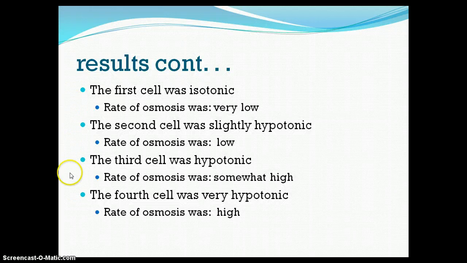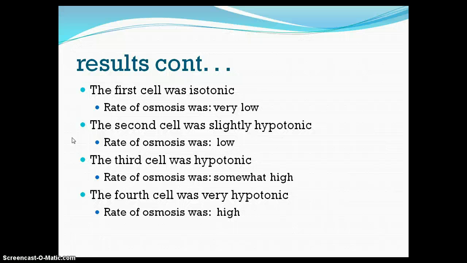Now, these four had a definite change in their shape. Our first cell didn't really have a shape. You could move it, you could squish it. It was very watery. Our second cell was slightly hypotonic, and with the rate of osmosis, there was a little bit more rigidity.